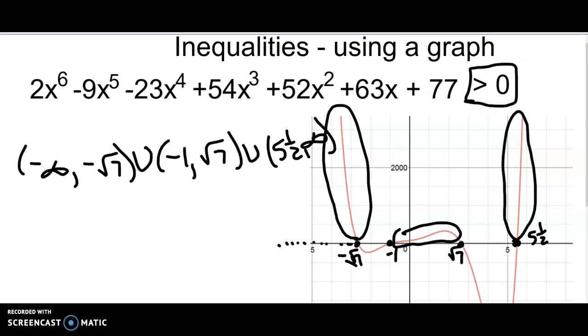Use the graph just like we did before. If this said greater than or equal to, the only difference is I would have brackets at all the numbers. If it said where it's less than 0, then I'd say from negative square root of 7 to -1. See how I'm under the x-axis? And from square root of 7 to 5.5, I was under the x-axis. Okay, so it depends what you're looking for.